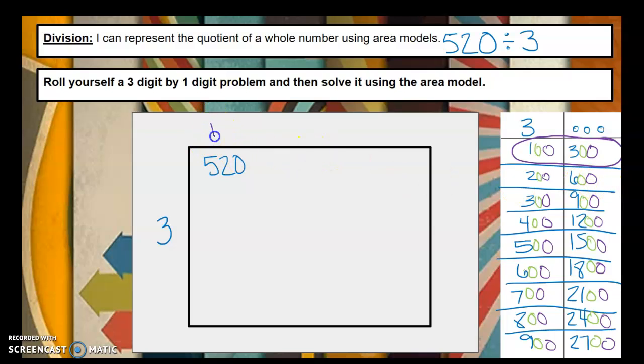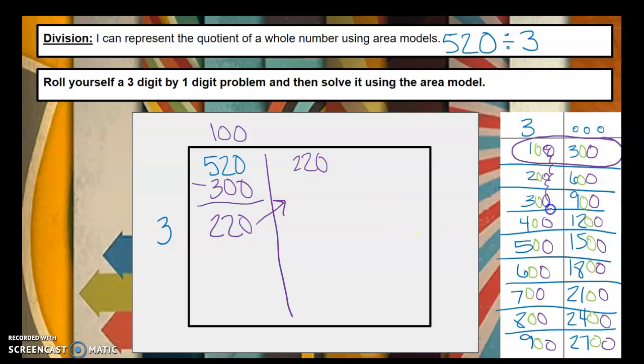So I'm going to take 100 groups of 3, which equals 300. I'm going to take that away. I've split that part up already. Okay, so I'm left now with 220. Well, 300 is the smallest, so I'm going to go ahead, take all those zeros away.